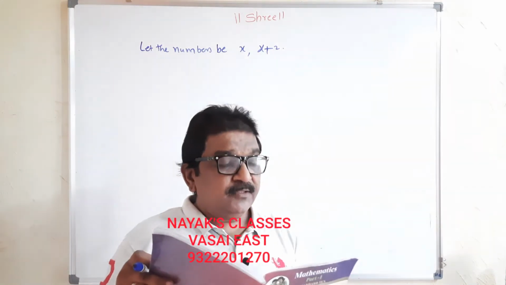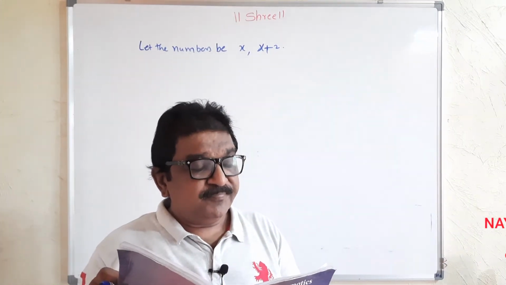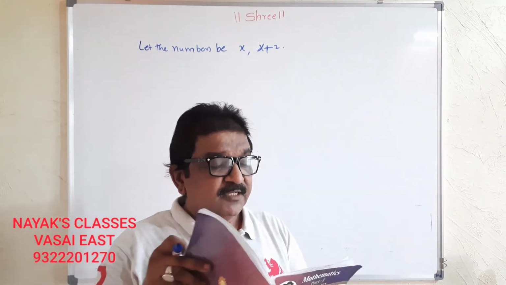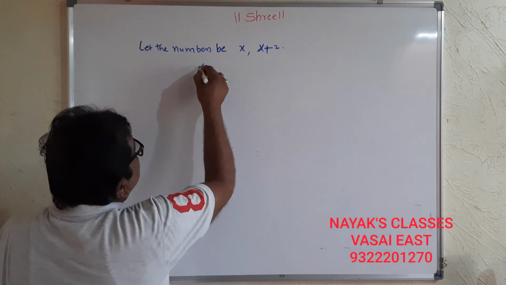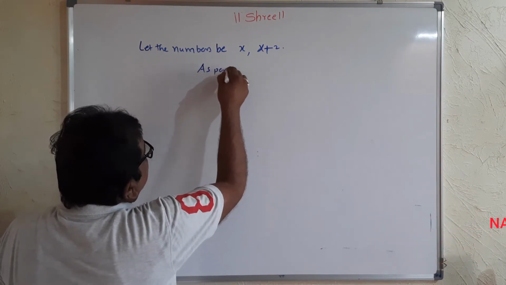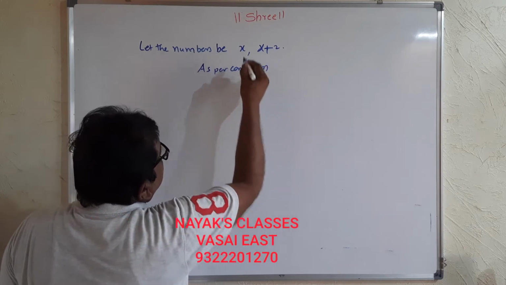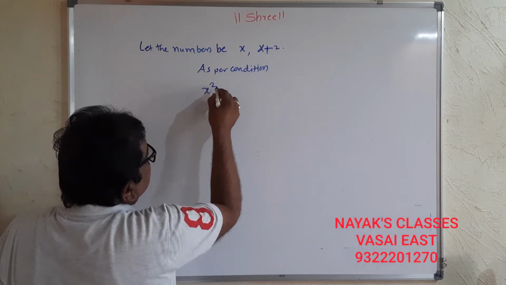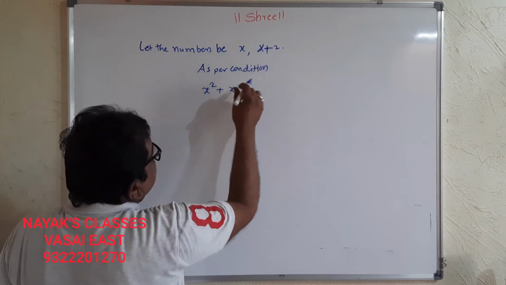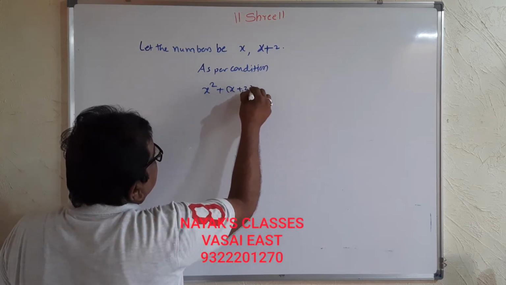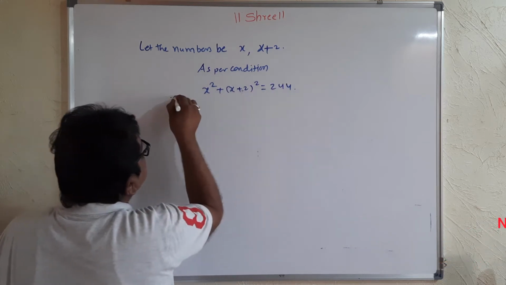So the sum of squares of two consecutive even natural numbers is 244. As per condition, the square of first one plus square of second one will give us the number 244.